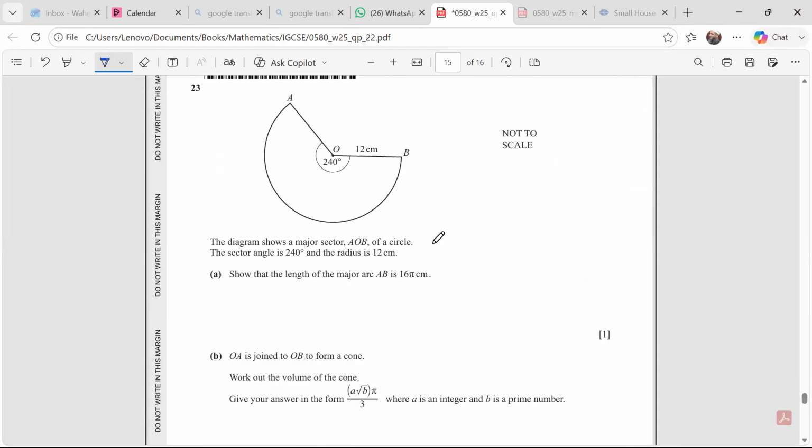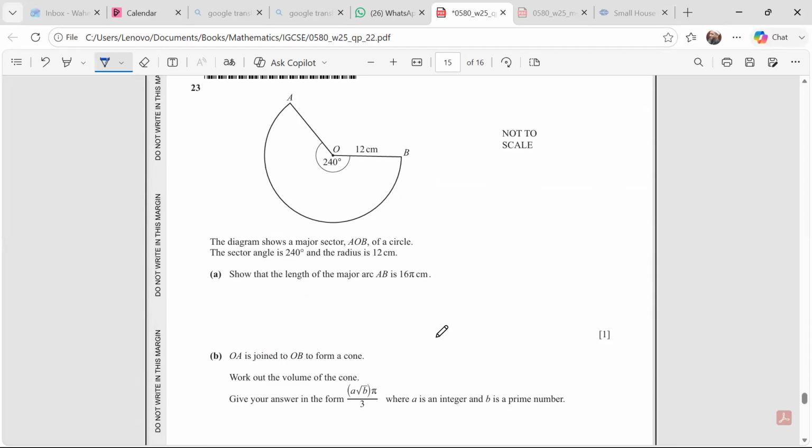This diagram shows a major sector AOB of a circle. The sector angle is 240 degrees, and the radius is 12 centimeters. Show that the length of the major arc AB is 16 pi.